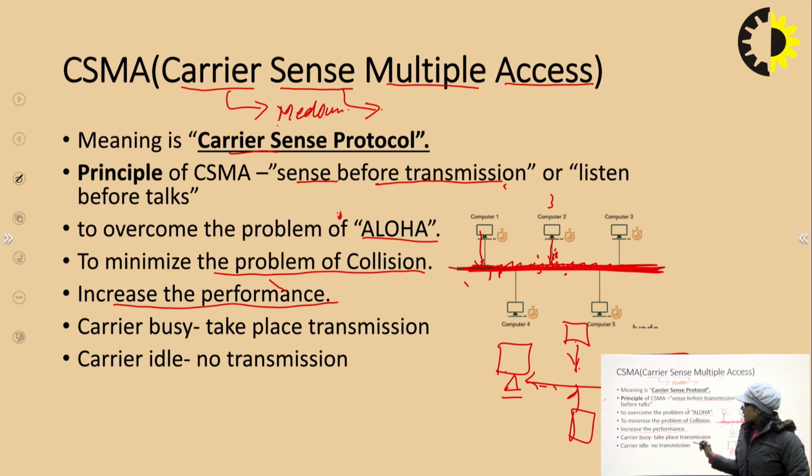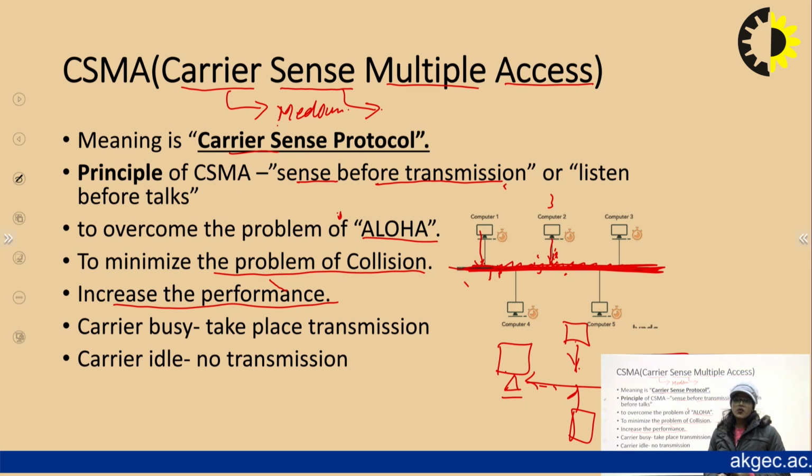That's why it increases performance. I'm not saying collision is totally removed by carrier sense multiple access, but I must say it reduces the ratio of collisions compared to Aloha, right?